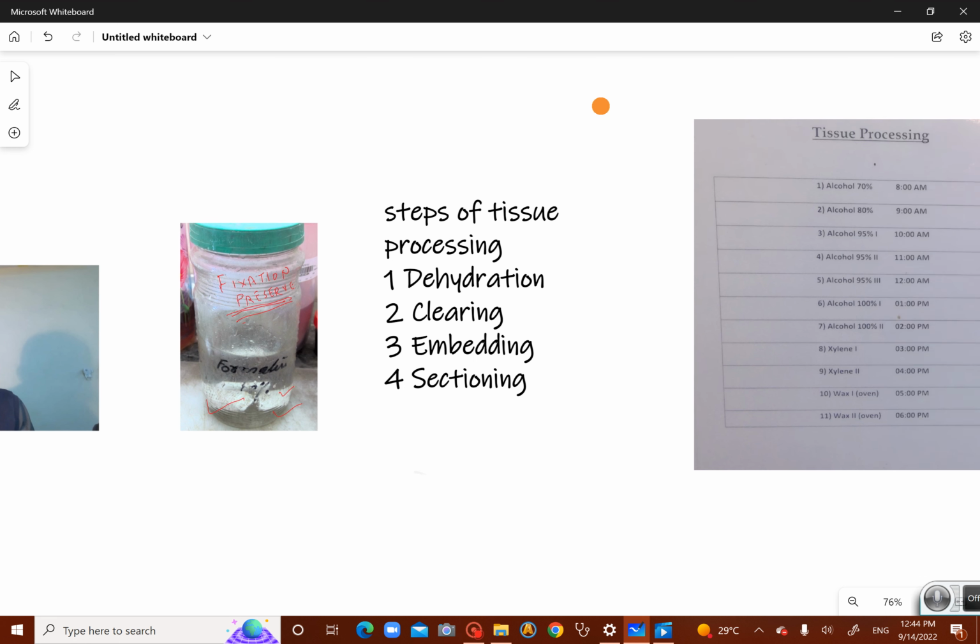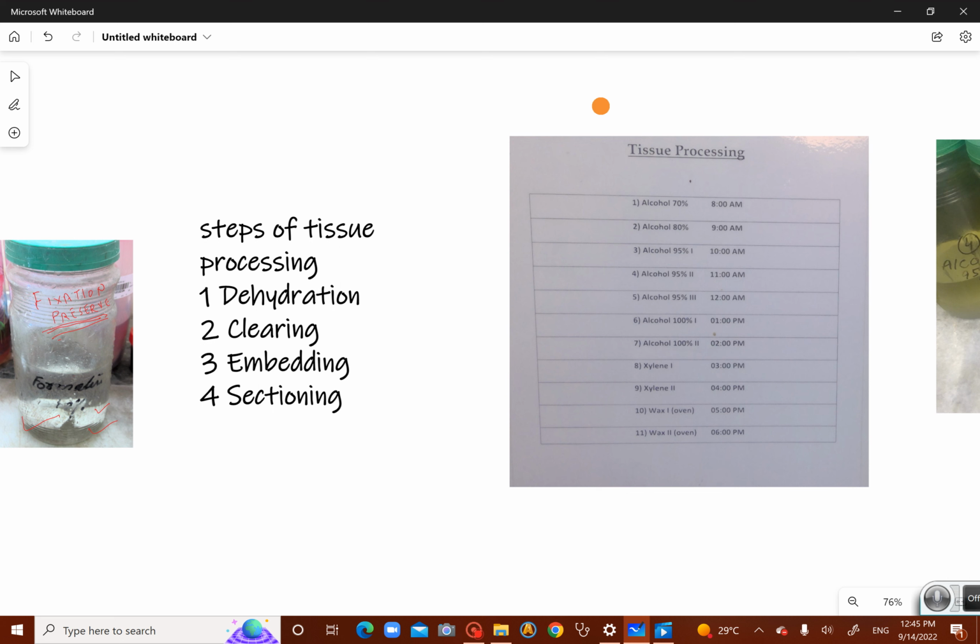Now, once you have done that, the steps of tissue processing are: number one, dehydration; number two, clearing; number three, embedding; and number four, sectioning. Now, I'll discuss one by one. Once you get the tissues from the specimen which you cut, those tissues contain water, and your aim is to have paraffin inside the cell.